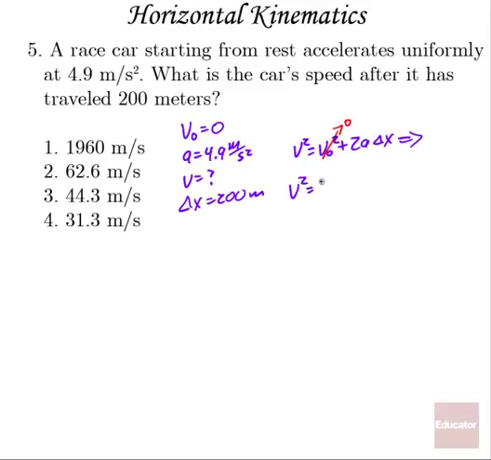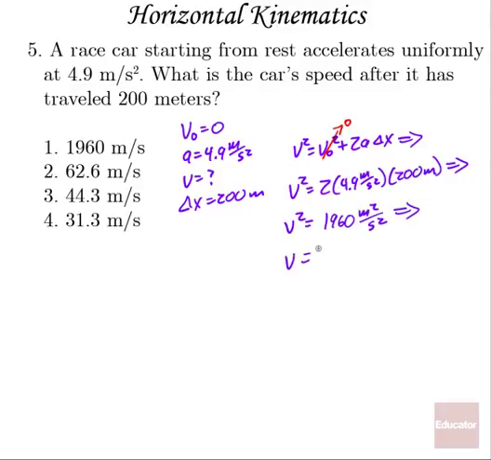So that's going to be equal to 2 times our acceleration, 4.9 meters per second squared, times delta x, 200 meters, which implies then that v squared equals 2 times 4.9 times 200 meters. It's 1960 meters squared per second squared. And if I take the square root of both sides, then I find that my velocity is going to be equal to about 44.3 meters per second.